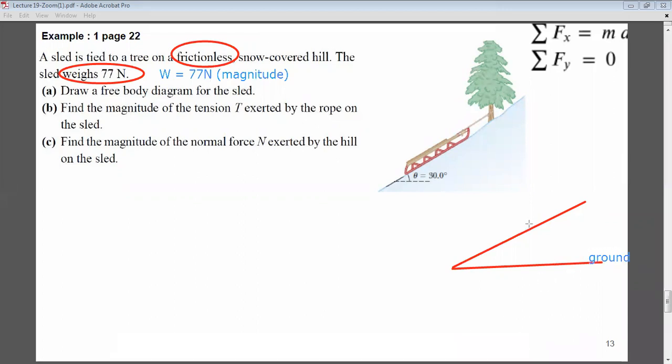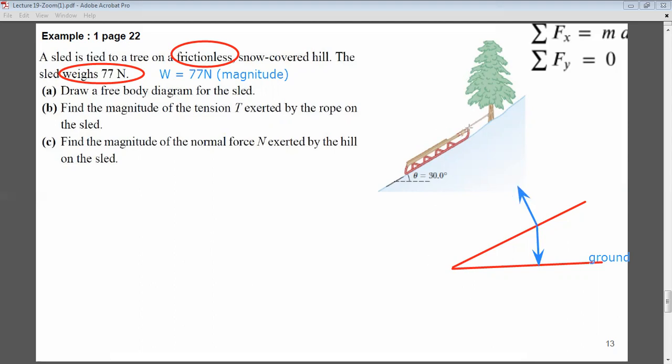So the first force is the weight. You draw it until it touches here, okay? This is the first force. And then the second force is the normal because I have the surface. It's perpendicular to the surface.